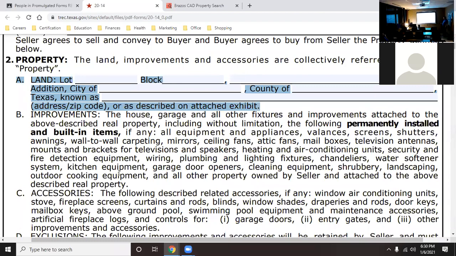A lot of people don't know about that one, but you go buy that Walmart pool and you put it in your backyard. Yeah, you could tear it down, but guess what? It conveys under the accessories. Okay? Swimming pool equipment and maintenance accessories. Artificial fireplace logs. And the controls for the garage door, entry gates, or other improvements or accessories.